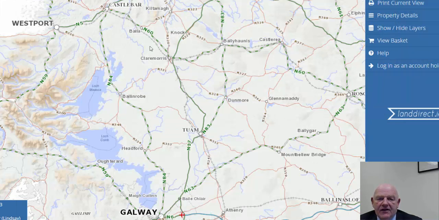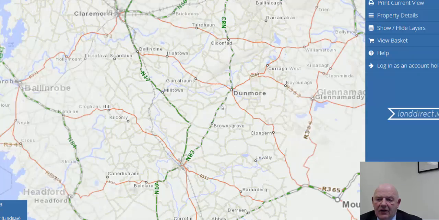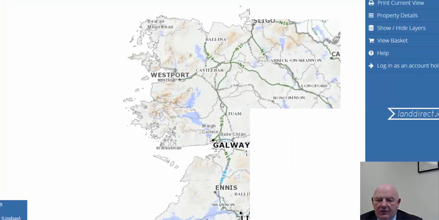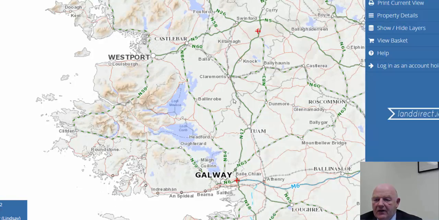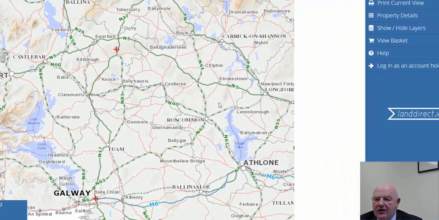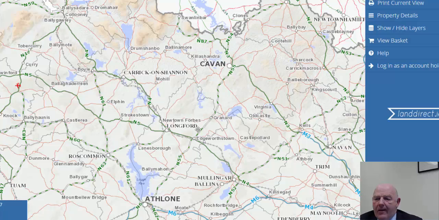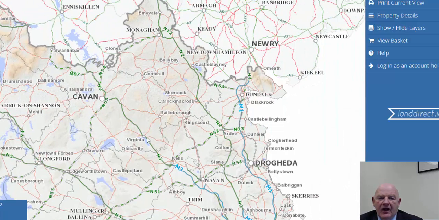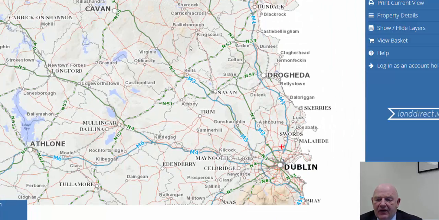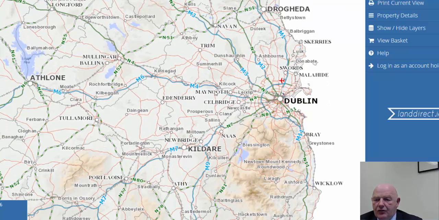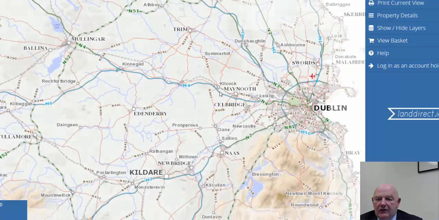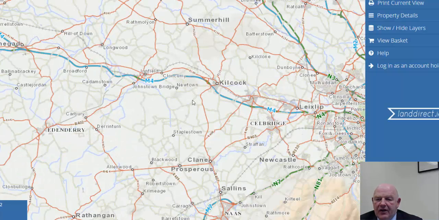Now you see the website opens up on a map of Ireland, and you can scroll in or maximize or minimize the view. So if we just scrape across towards where I am at the moment in Enfield, County Meath, you can simply go into any particular town.